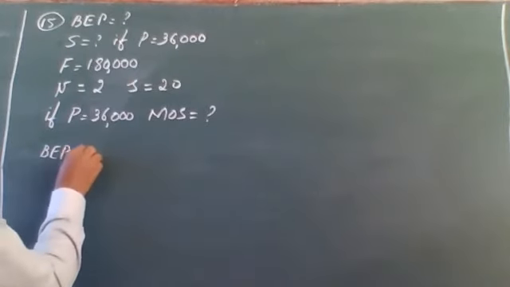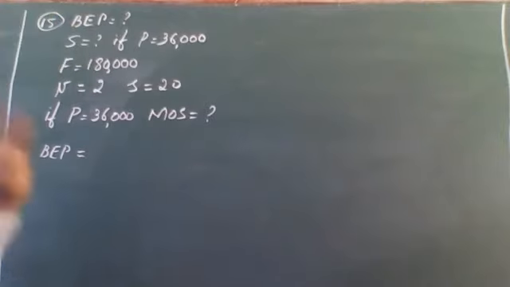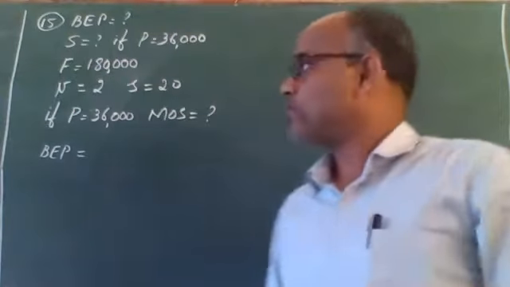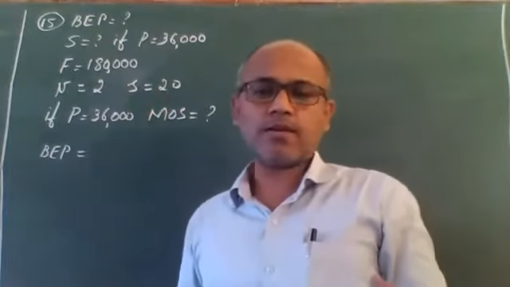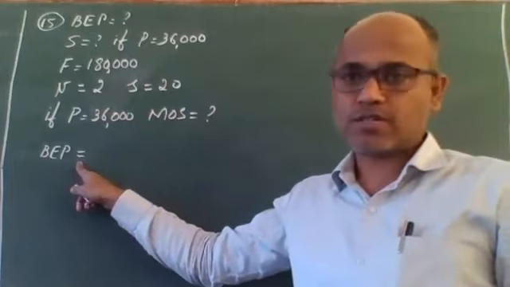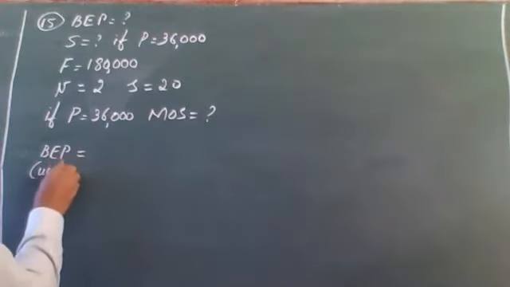What is the break-even point formula? Will you use the units formula or the rupees formula? I told you, when the information is given per unit, we can straight away start calculating BEP in units.